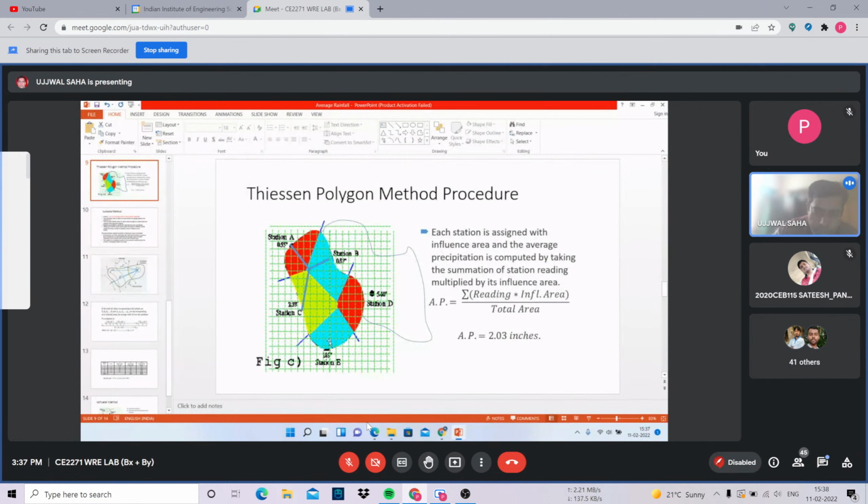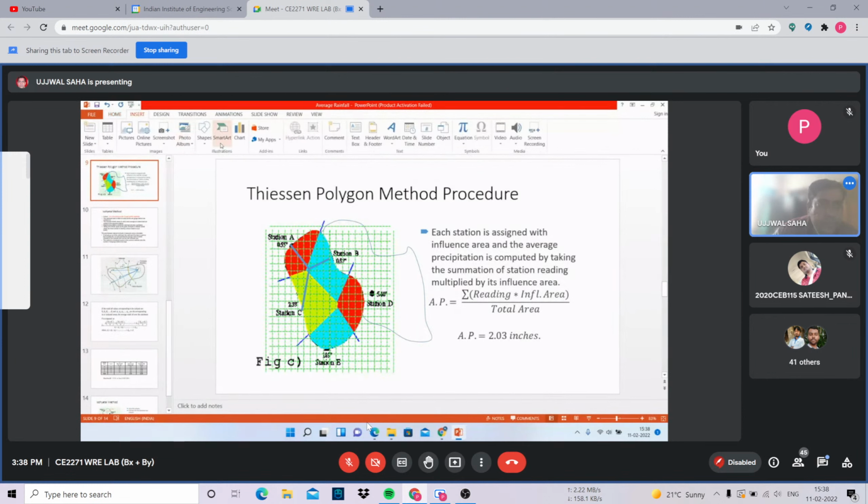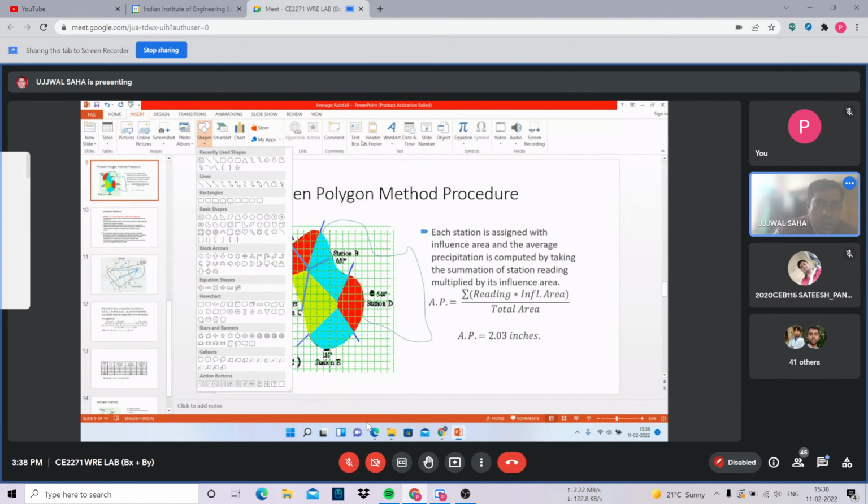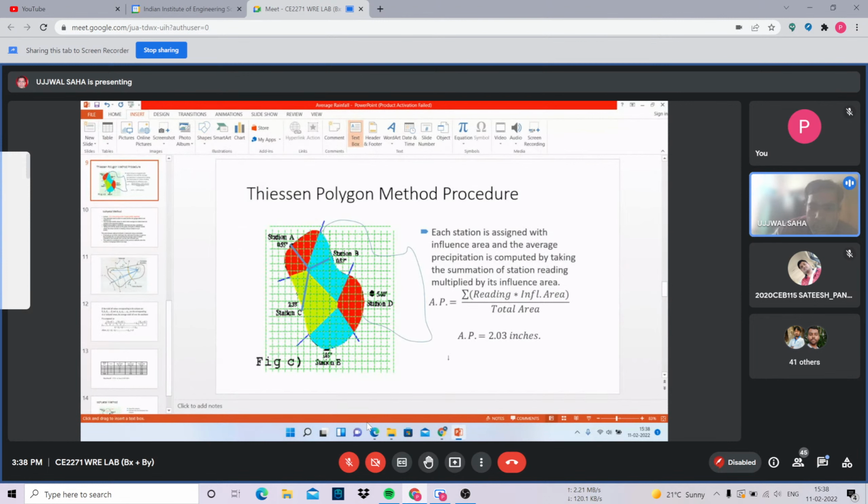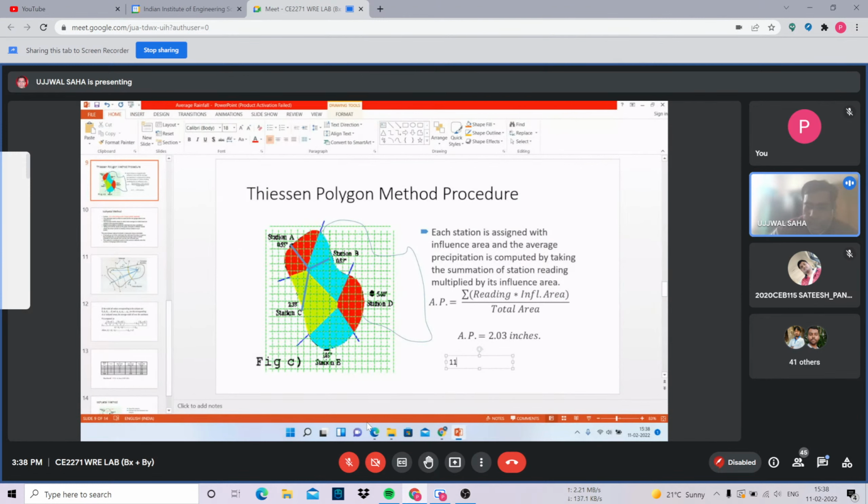I can count the total full boxes: 1, 2, 3, 4, 5, 6, 7, 8, 9, 10, 11. So 11 is the number of total boxes.